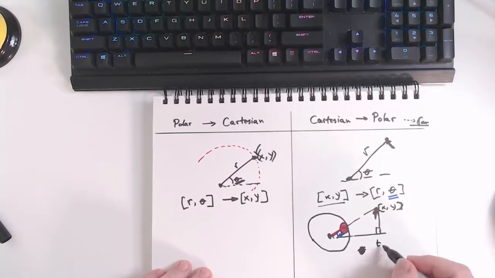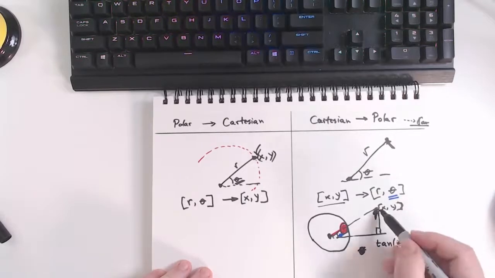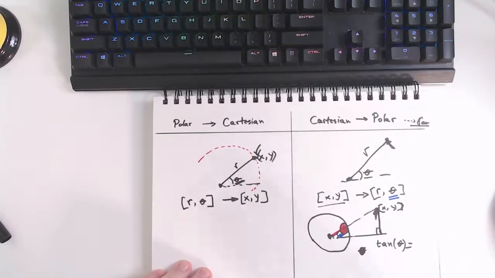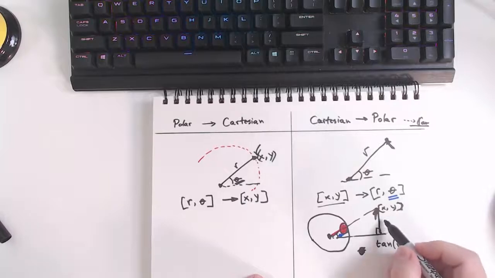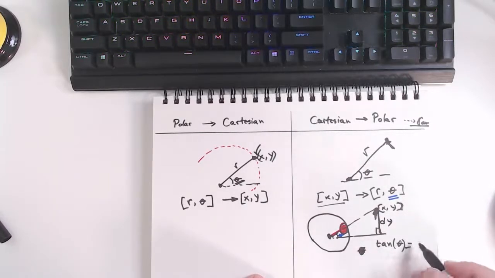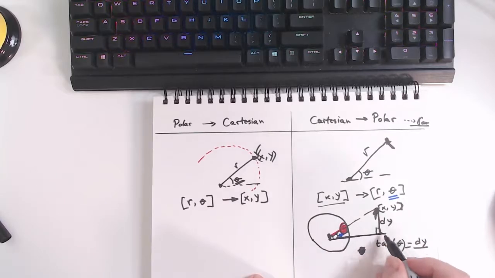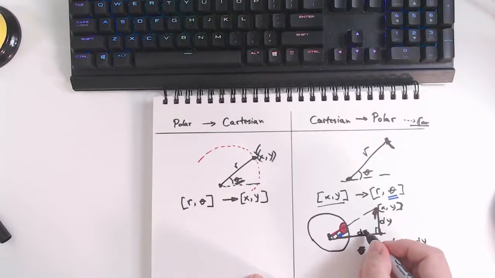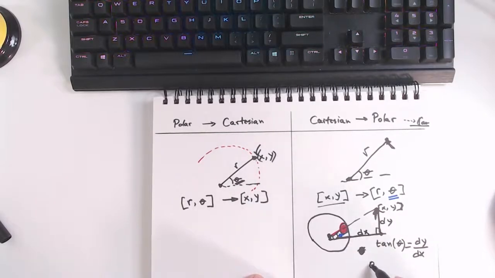Let's write it this way: tangent of theta is the opposite leg, let's name this one dy, over the adjacent leg, let's name this one dx. So that's dy and dx. In other words, theta is the arctangent, or inverse tangent, of dy over dx.